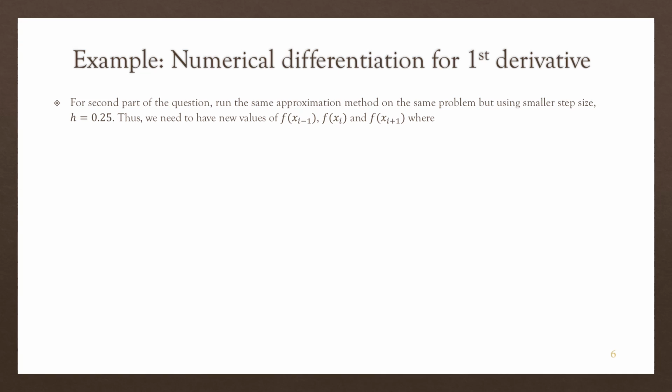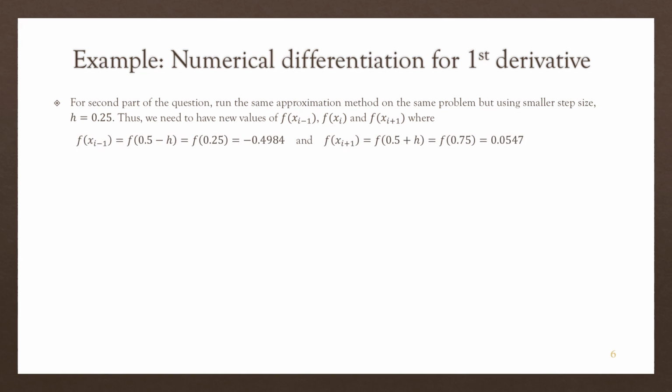The value of the function at xi is still the same because the point we are solving is at x equal to 0.5. So we are looking for the first derivative at x equal to 0.5. But when we change the step size, it means that we also change the value of xi minus 1 and the value of xi plus 1.